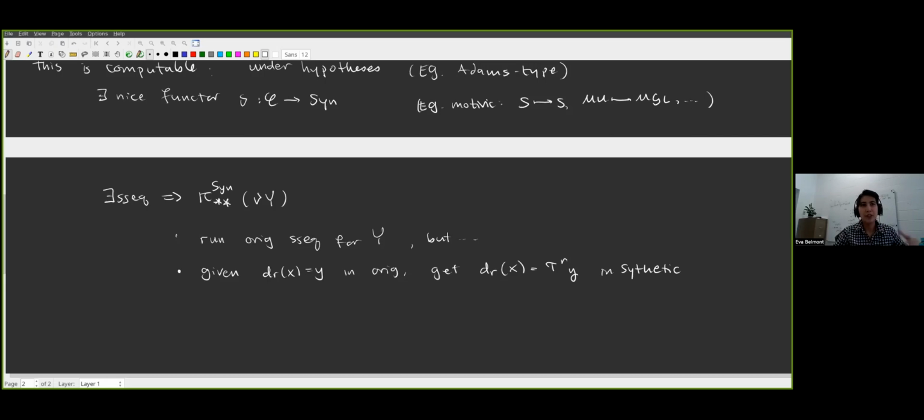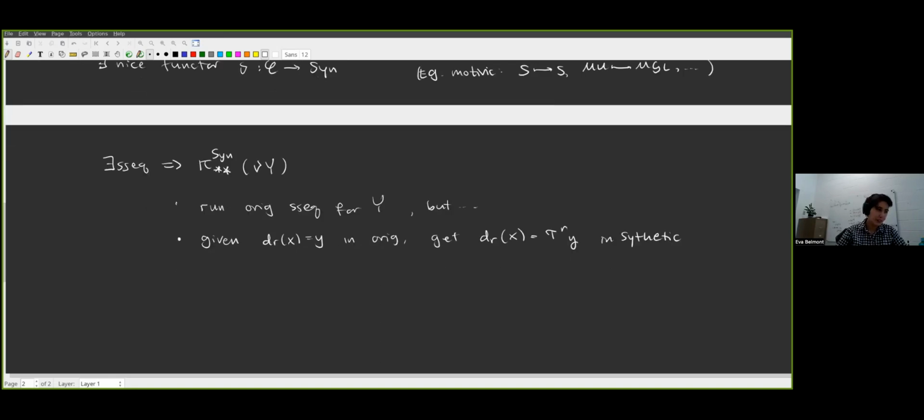So if in the original spectral sequence there's a differential X hitting Y, then both X and Y are killed in the spectral sequence. But in the synthetic version, X is killed, but Y only becomes tau torsion.